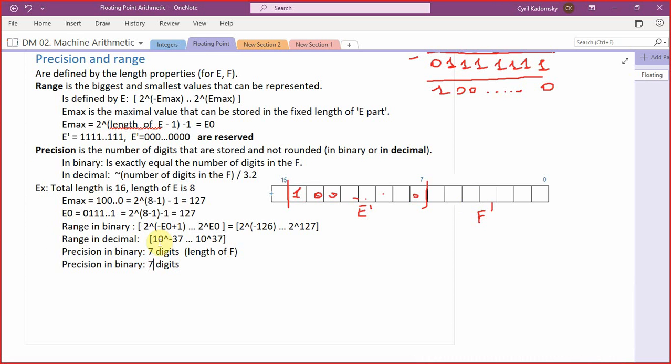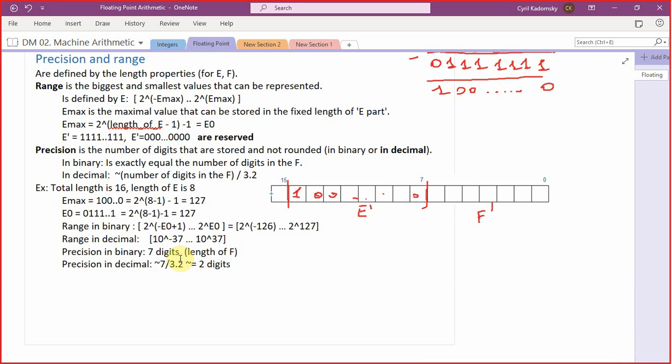In decimal we will have fewer digits. These bits contain fewer decimal digits. It would be 7 divided by 3.2, and it is what? Well, not much more than 2. So it is approximately equal to 2 digits in decimal.